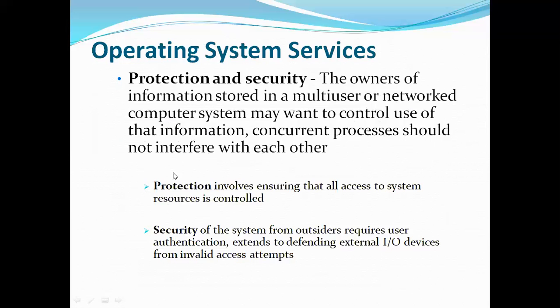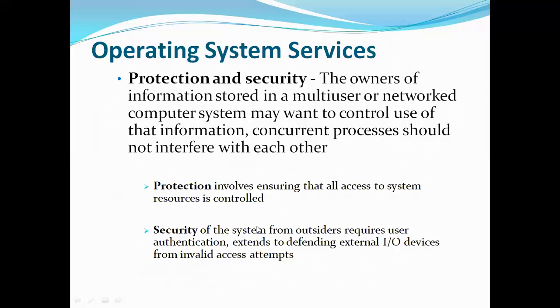Now here we should know 2 points. One is protection, another one is security. Now let's see what is protection. Protection involves ensuring that all access to the system resources is controlled. So it will ensure that your resources are accessed in a controlled manner. That is protection. Next is security.